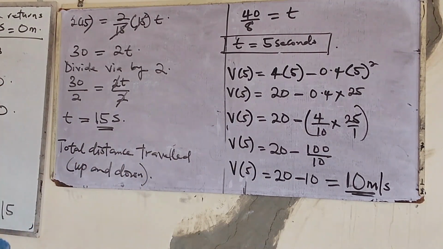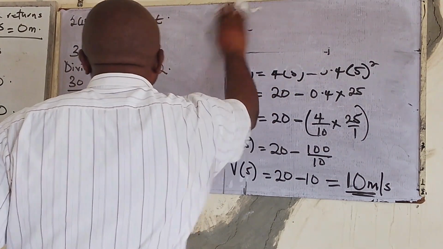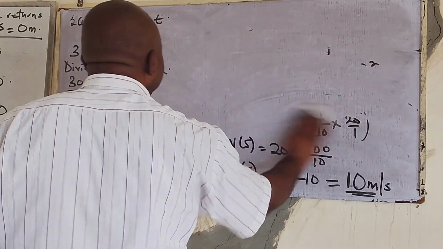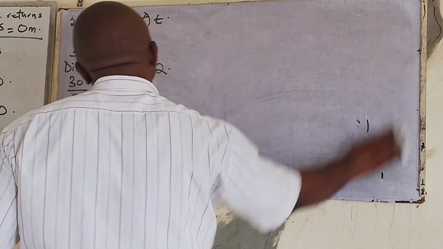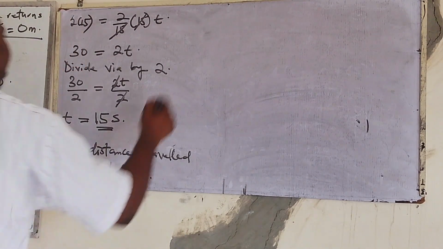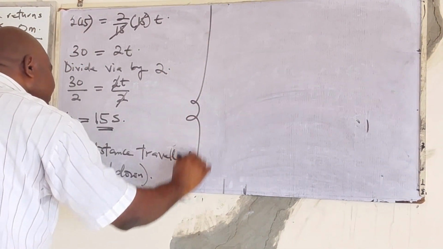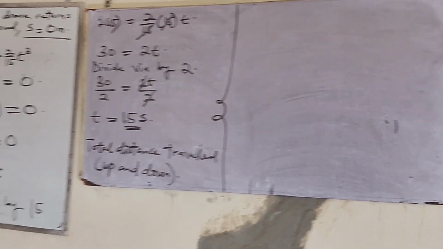Now remember the time it takes to return to the ground is 15 seconds. So now we're looking at the total distance it travels up and down. Now remember this is the distance it takes to get to the peak.